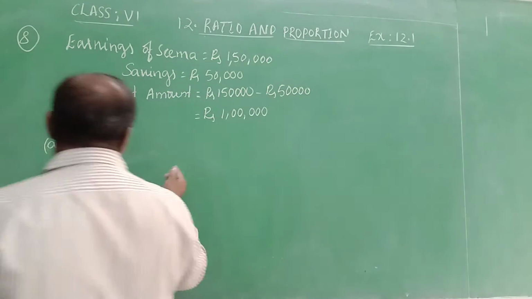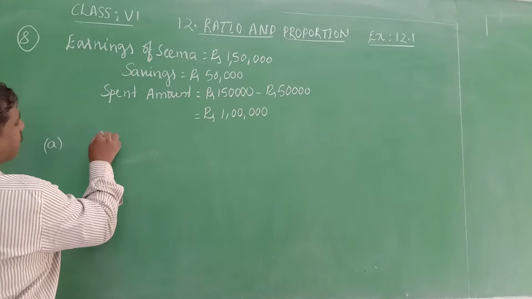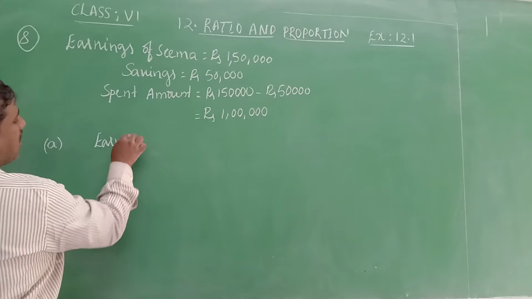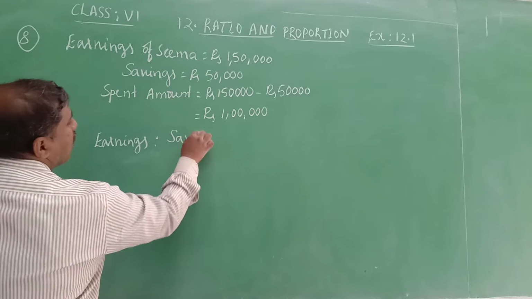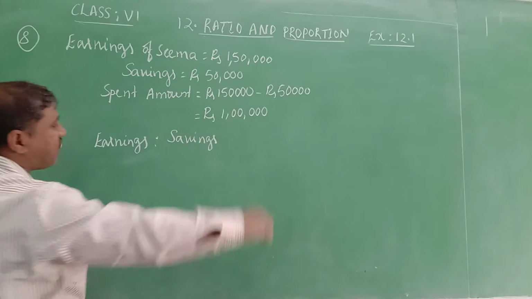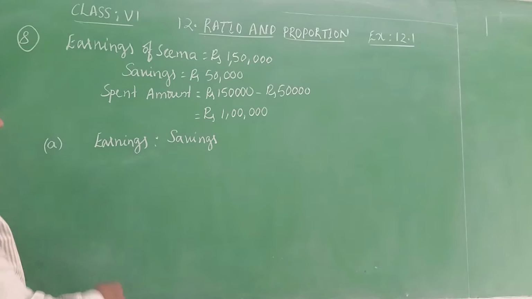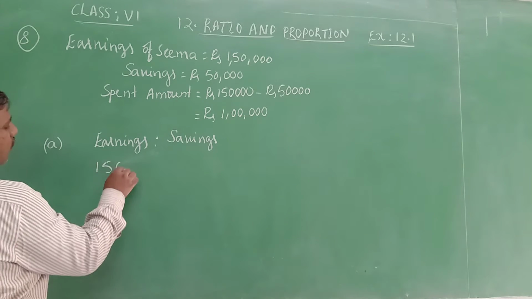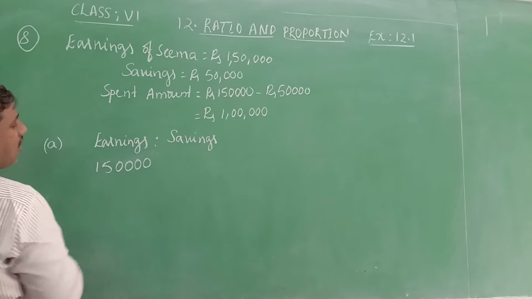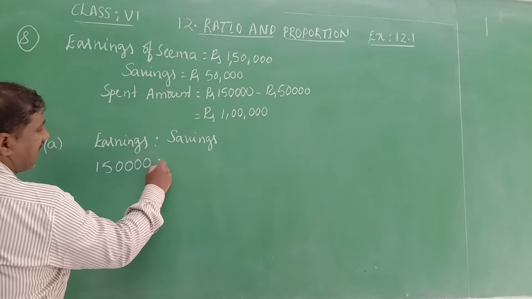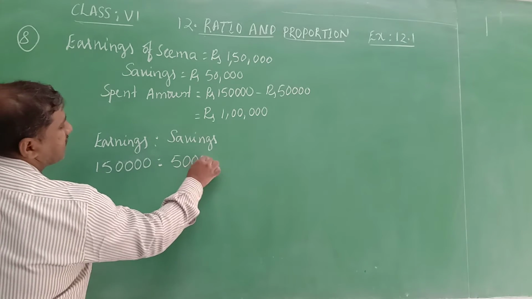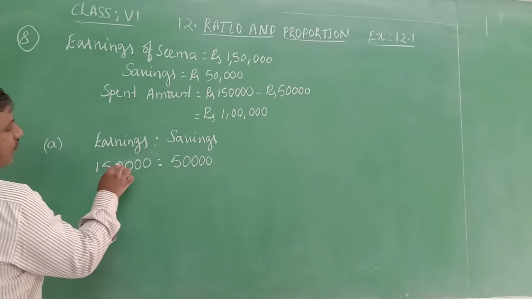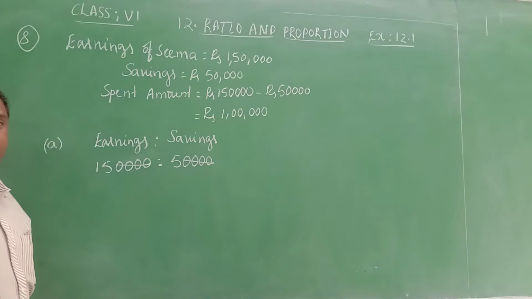So the earnings is to savings. This ratio we have to find. Earning is 1,50,000 rupees, and savings is 50,000 rupees. Here there are 4 zeros, and these 4 zeros you cancel.